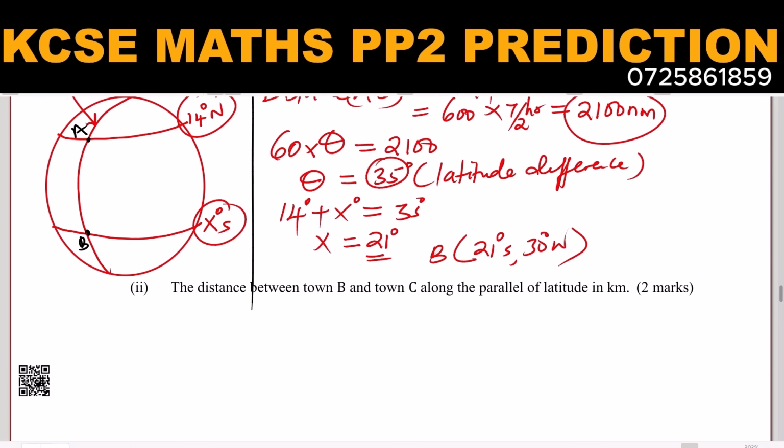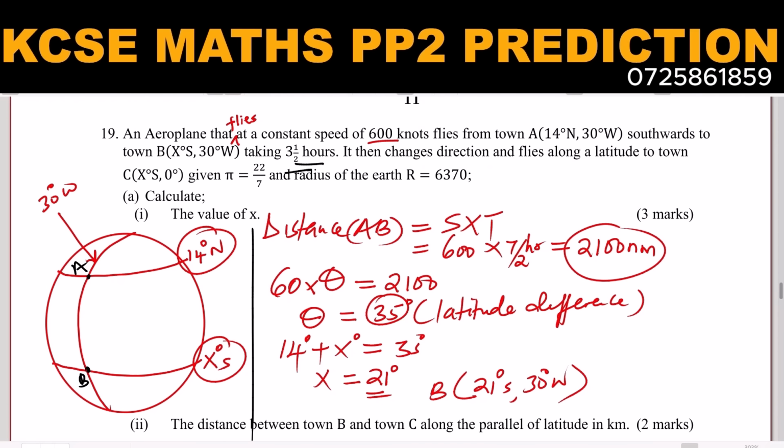The distance between town B and C along the parallel of latitude in kilometers. So after flying southwards to B, it then changes direction and flies to town C. C is x degrees south, 0 degrees, so 0 degrees.